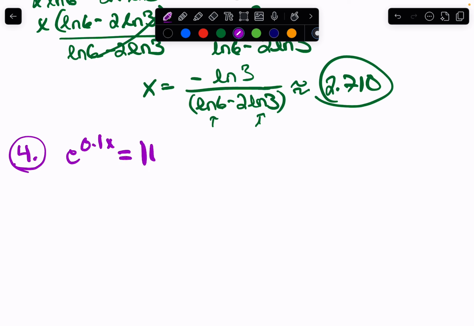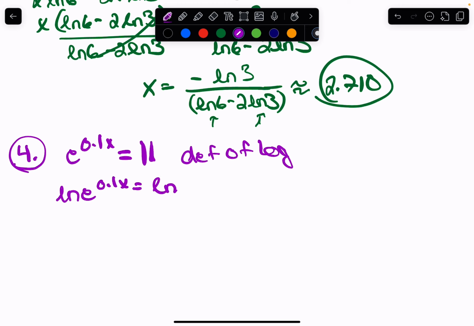So again, we've got x in the exponent, so we're going to use the definition of log and do natural log of e to the power of 0.1x equals natural log of 11. Now we can use the properties and bring the 0.1x to the front. Natural log of e equals natural log of 11.